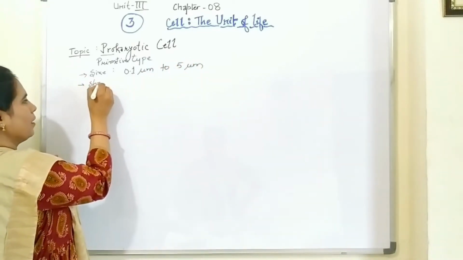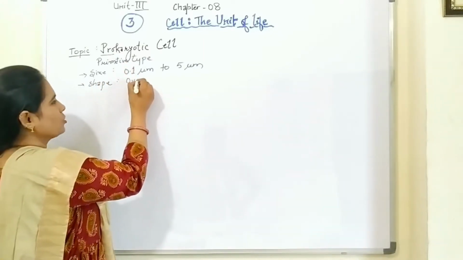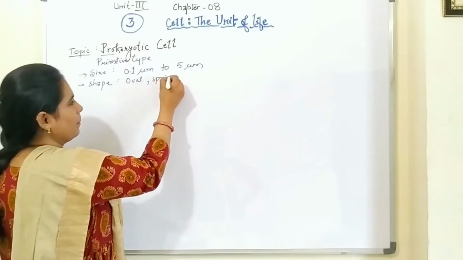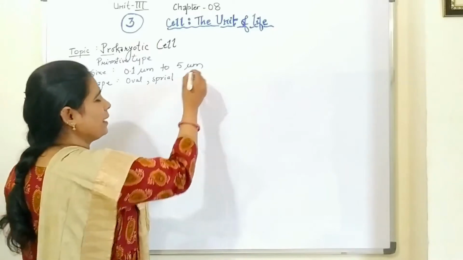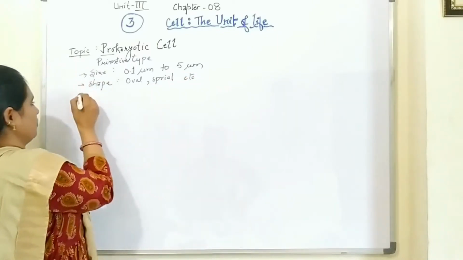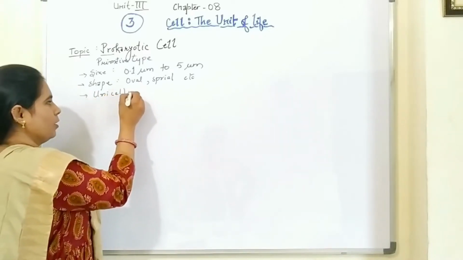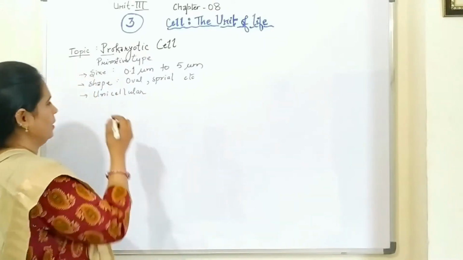Shape varies. It can be oval shape, it can be spiral shape, and you can see many different shapes in this prokaryotic cell. Then they are unicellular, means the organism is made up of just one cell.